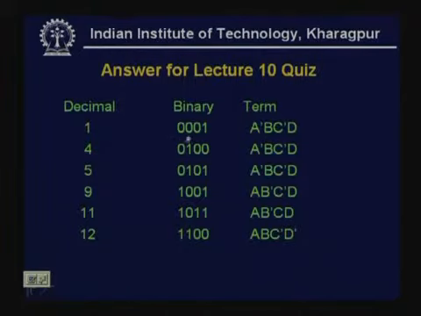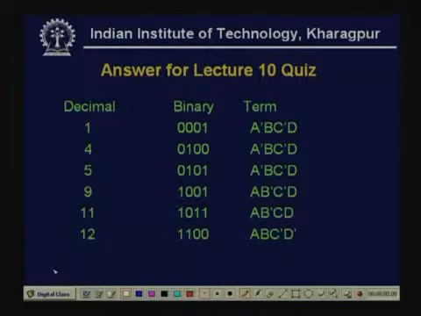So, 0001, that means for decimal value 1, it will be A dash, B dash, C dash D. Similarly, for 4, it will be A dash B, C dash D dash.